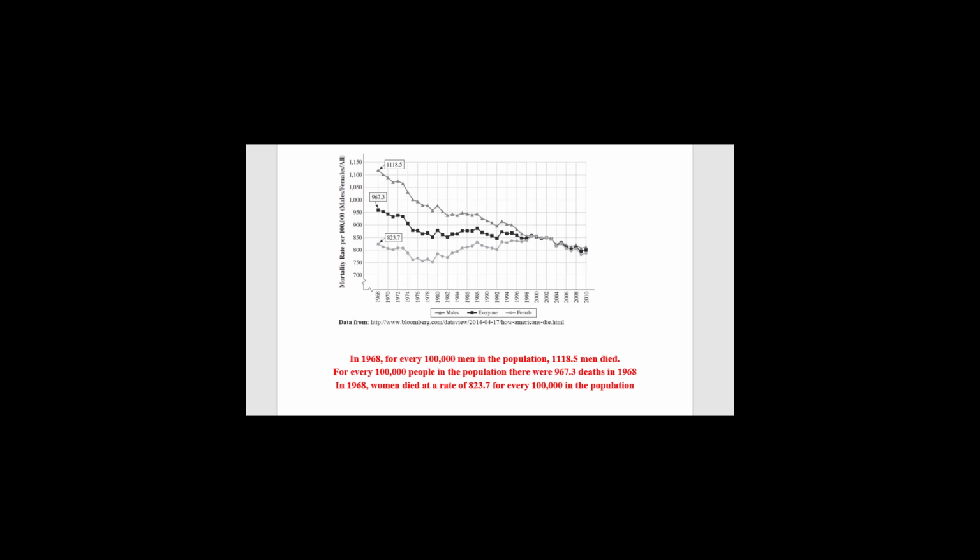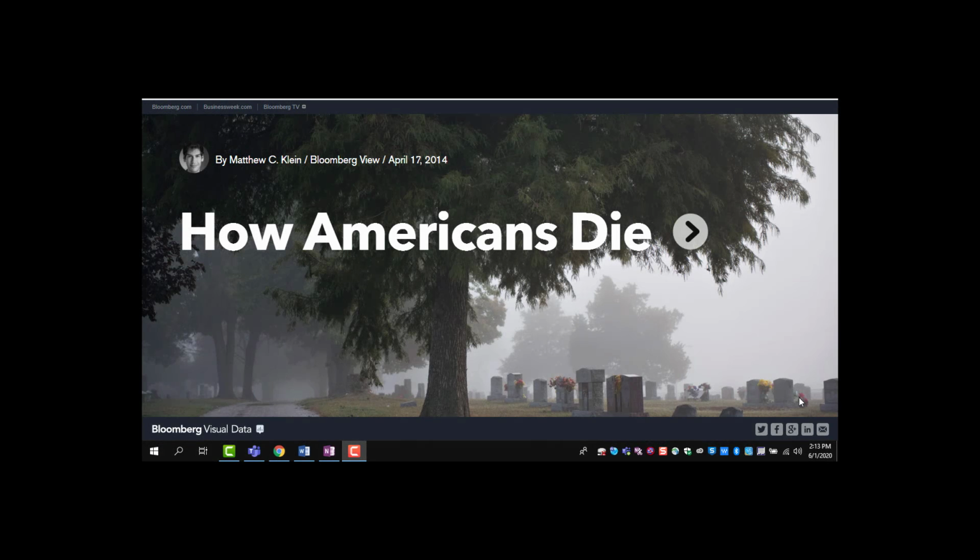But let's take a deeper look at this graph. Let's take a little deeper dive into that article, into that graph that we just went over. That graph is from the article, How Americans Die.